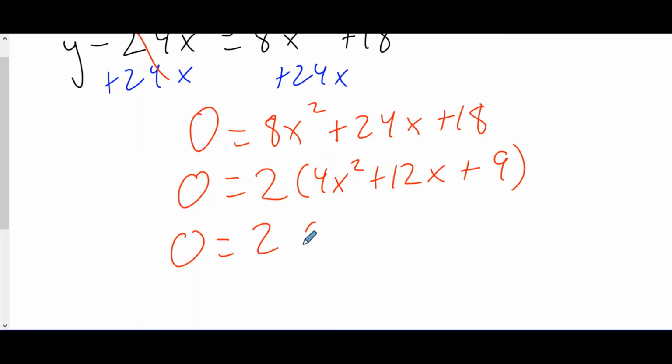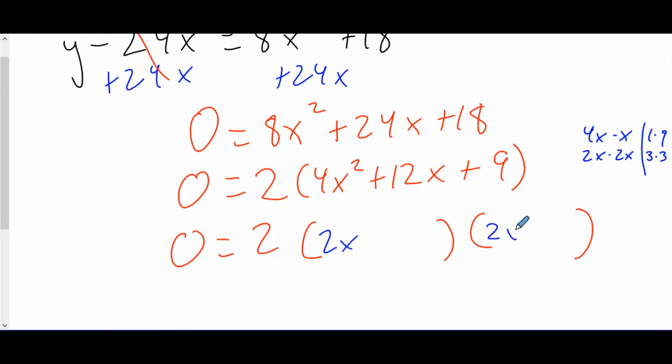Keep the 2. I do have a number in the front, so I have to think about what multiplies to the first and last terms. So 4x squared could be either 4x times x or 2x and 2x, and 9 could be 1 and 9 or 3 and 3. So I'm going to start with 2x and 2x and 3 and 3 and see if that works. Because it multiplies to a positive and adds to a positive, I know they would both have to be positive.